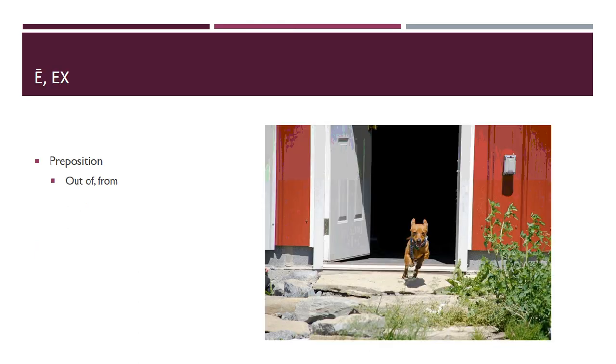Our next word has 2 types of spelling, with a long mark over it, or ex. They both are the same word, and it's a preposition meaning out of or from. And you might be asking, why does it have 2 different spellings? Well, it's the same reason a and an in English have 2 spellings. A goes in front of nouns that have consonants, for example, a book.